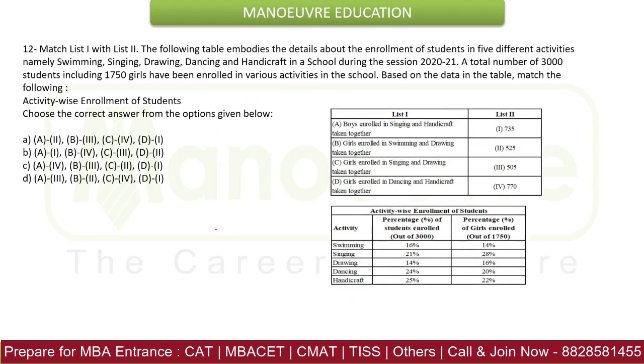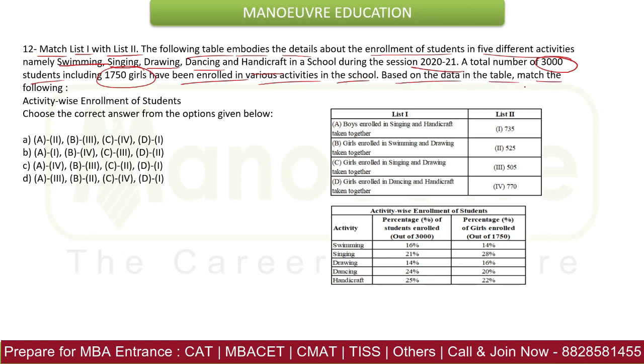The next question. Match list 1 with list 2. The following table embodies the details about the enrollment of students in 5 different activities, namely swimming, singing, drawing, dancing and handicraft in a school during the session 2020-21. A total number of 3,000 students including 1750 girls have been enrolled in various activities in a school.